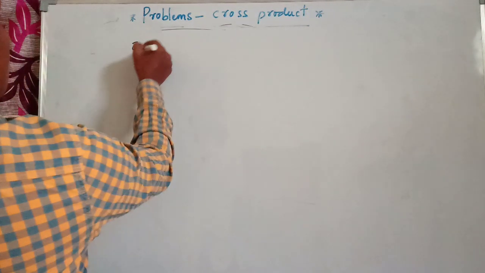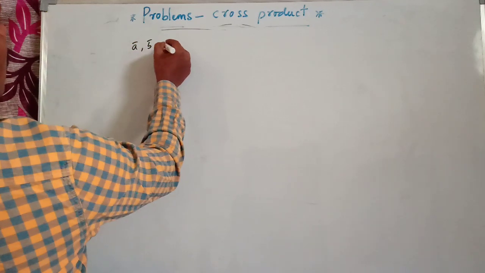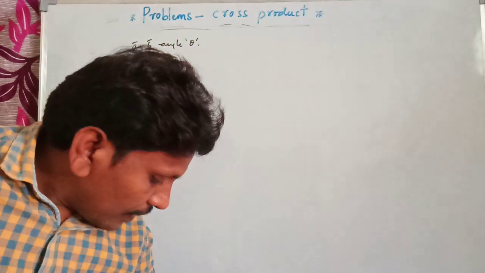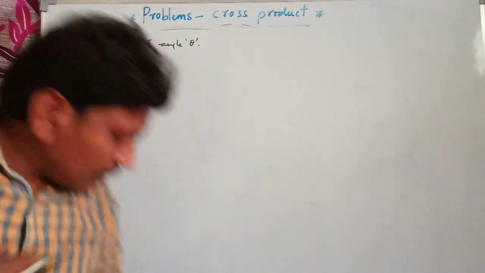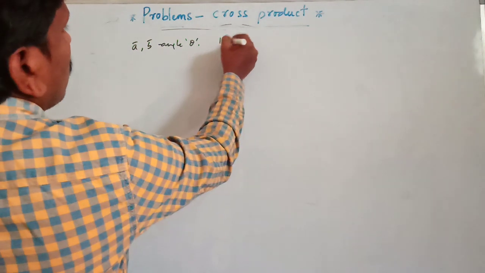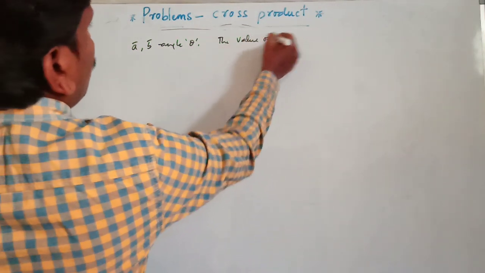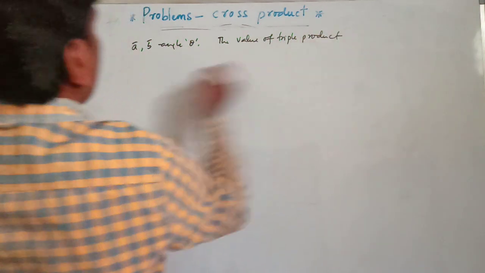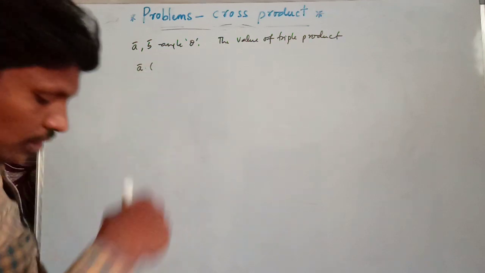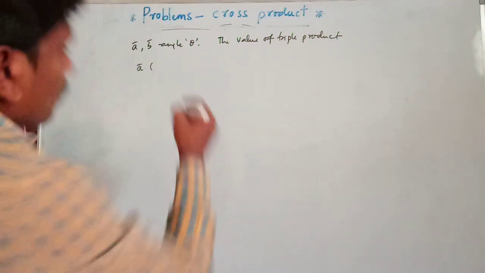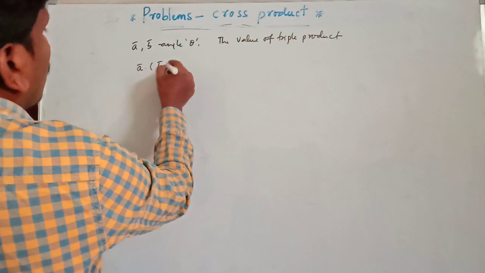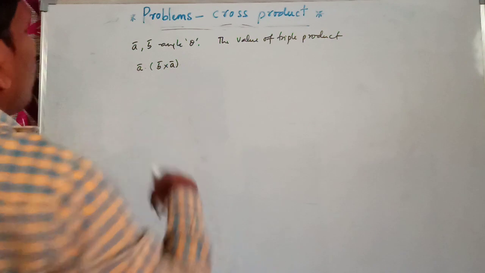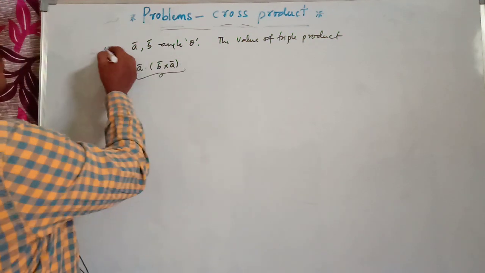The angle between the vectors A bar and B bar is theta, and we need to find the value of the triple product, that is A bar dot B bar cross A bar.